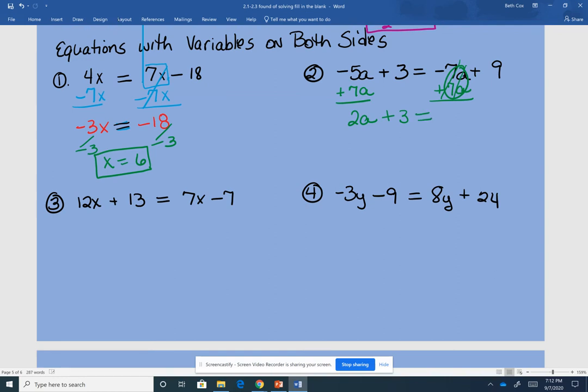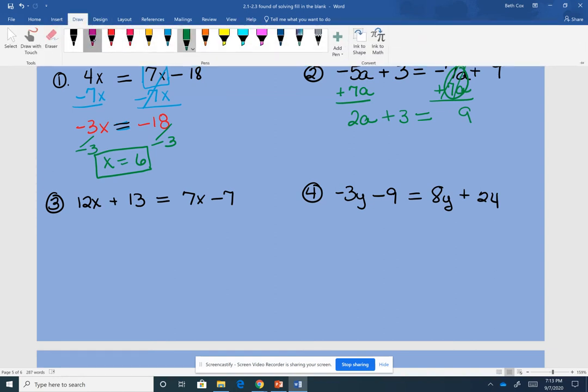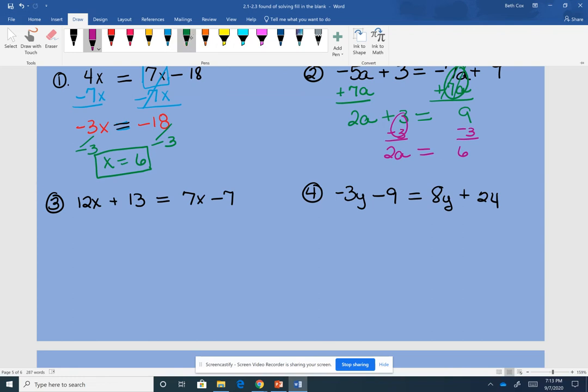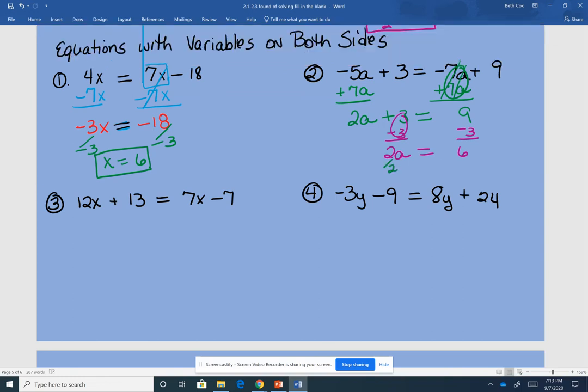Bring down the equals. Bring down the 9. And now this looks just like the ones we did before. Subtract 3. That's gone. 9 minus 3 is 6. Divide. And I have a is 3.